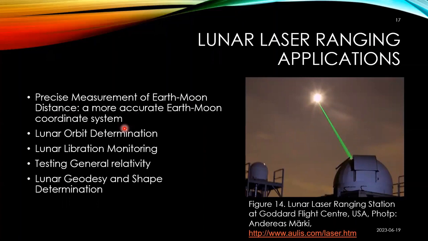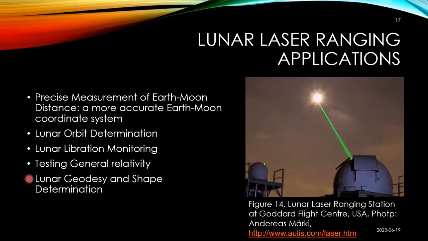The Moon is very important, because it affects the climate. The Moon has an effect on the tides and also many other things that happen. So it is very important to measure this, to have control on the Moon system. The orbit of the Moon can be measured, as I explained, and libration, which means movements inside the Moon.